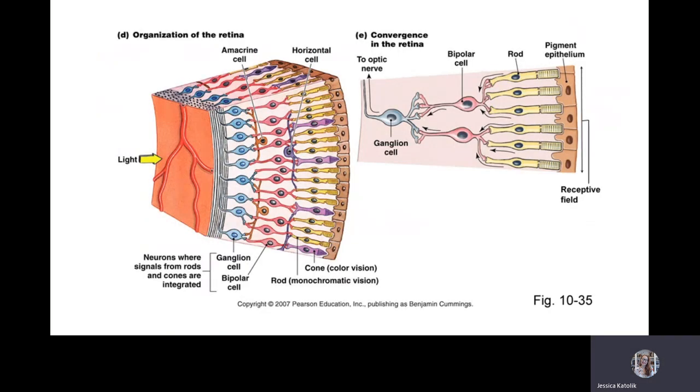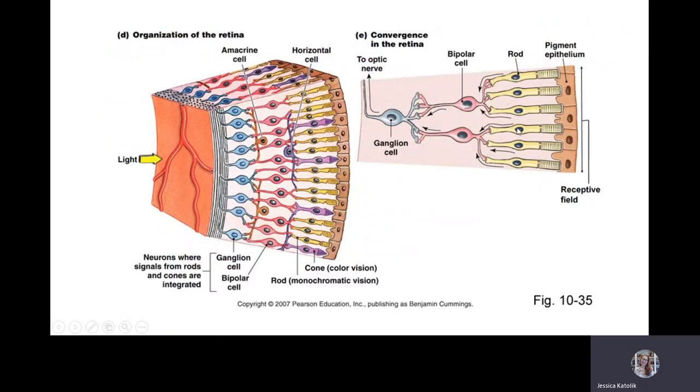Another location where we're going to have some convergent circuits is in the retina of the eye. On this diagram, you can see the rods.